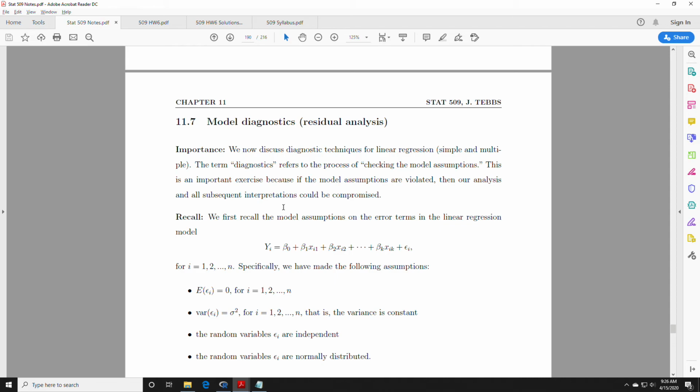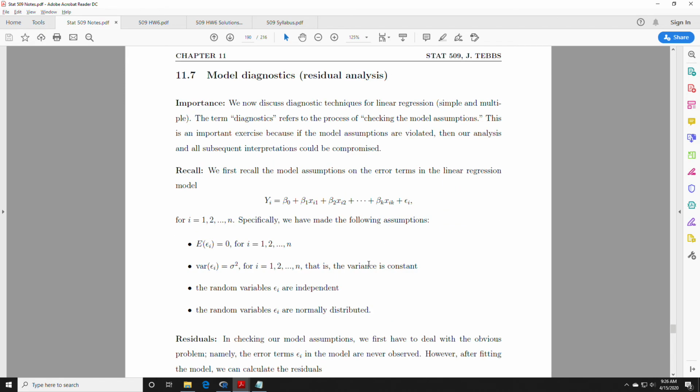If the assumptions are violated, then it can render those things really not accurate. Okay, so it is important to make sure that the model appears to fit properly, or that the assumptions are satisfied. And so to recall, we have four assumptions.